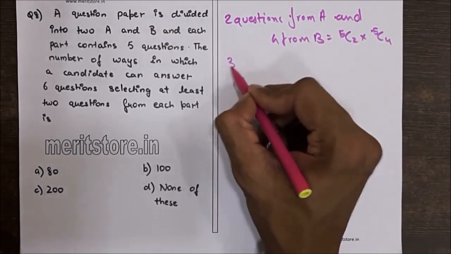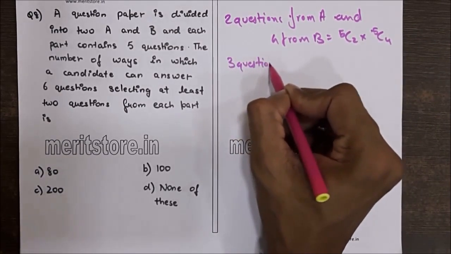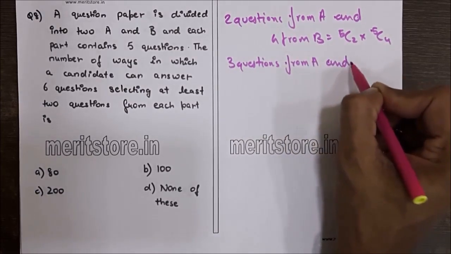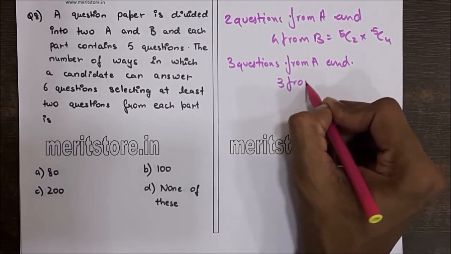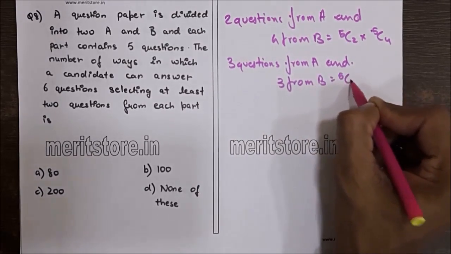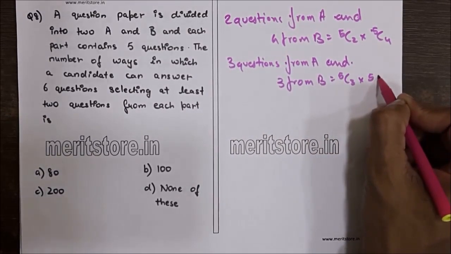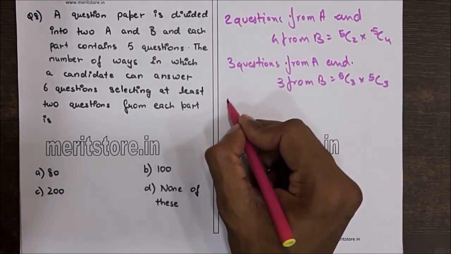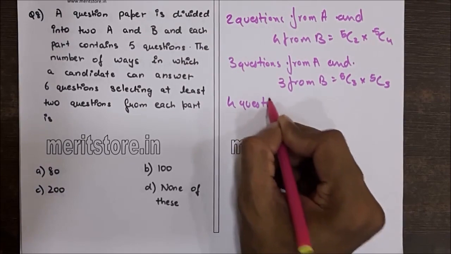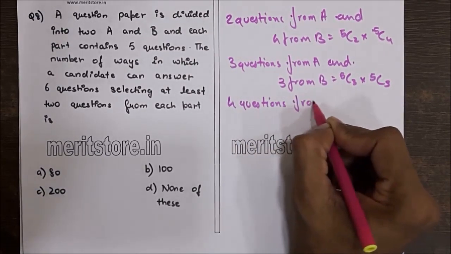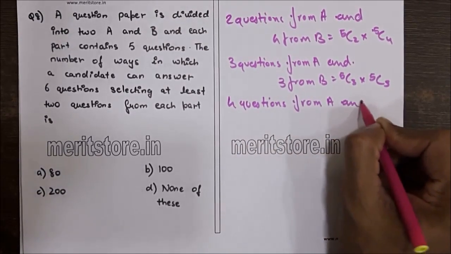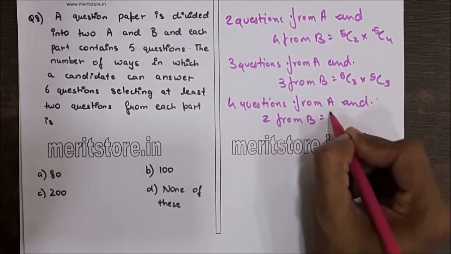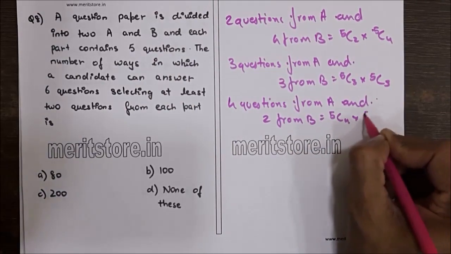3 questions from A and 3 from B can be written as 5C3 into 5C3. And 4 questions from A and 2 from B can be written as 5C4 into 5C2.